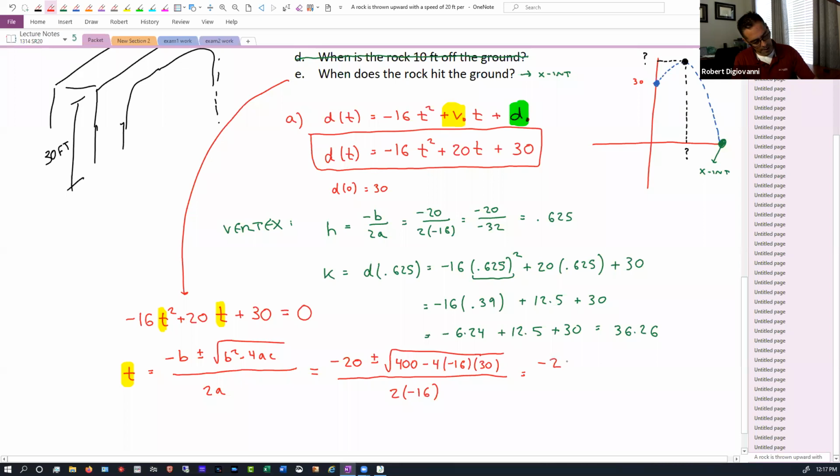Negative 20 plus or minus the square root of 400. It's going to be a plus because I see 2 negatives there, so it's an even, so it's going to be a plus. And when you put those together, you get 1920 all over negative 32.